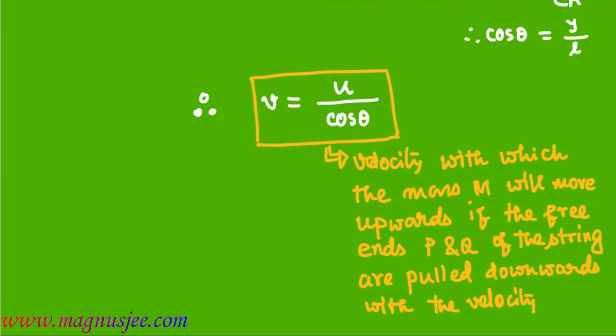v equals u by cos theta, which is the velocity with which mass M will move upwards if the free ends P and Q of the string are pulled downwards with the velocity u.